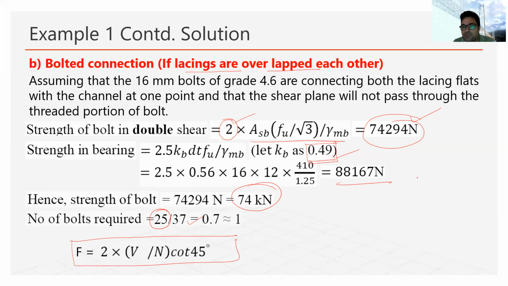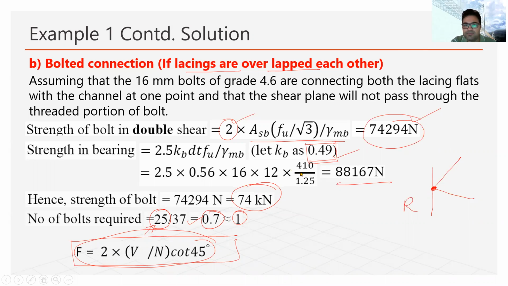Earlier I told you that if the lacing bars overlap each other, in that case we find out the resultant force. I hope you remember this. So this is how we are finding the resultant force, and the resultant force we are putting there, which is 25 by 37. Here again you can see the number of bolts required will be 0.7, which is again less than 1. So we are providing one bolt at each end.